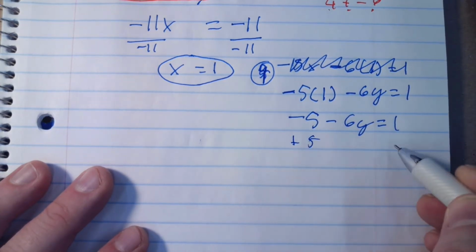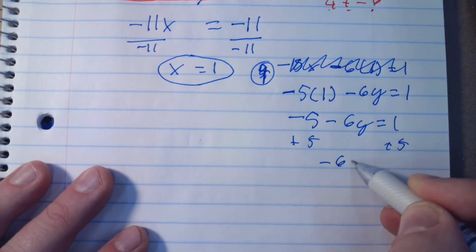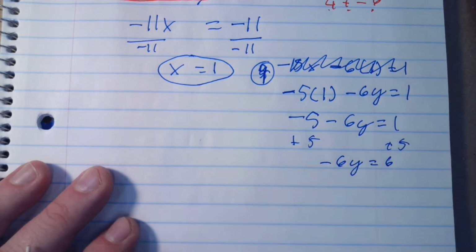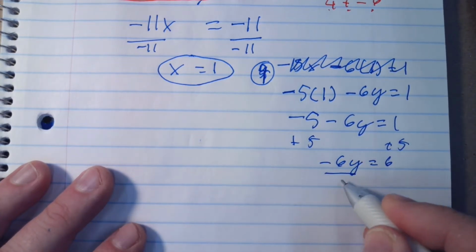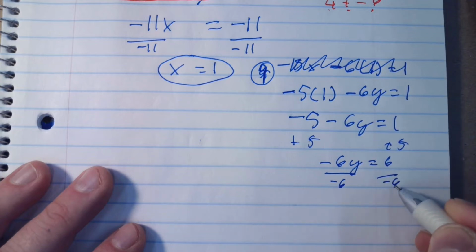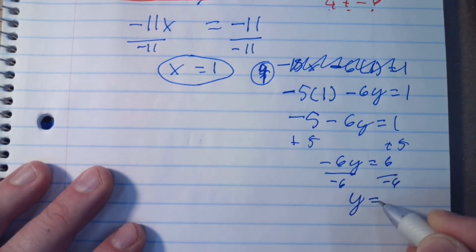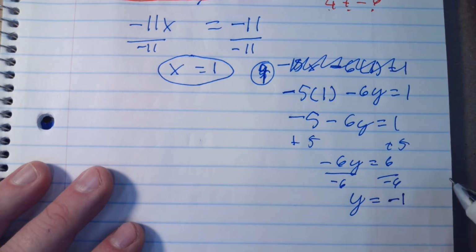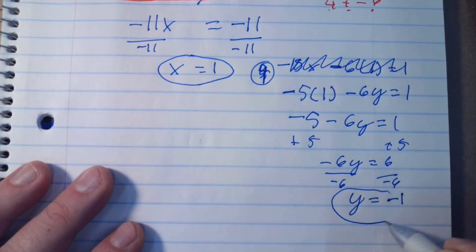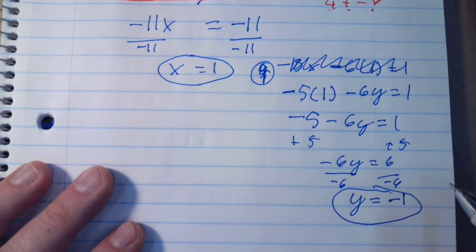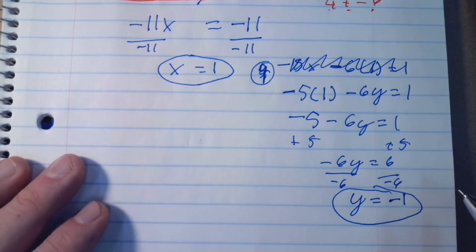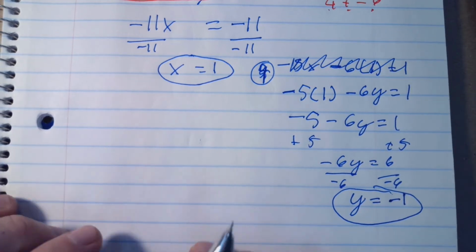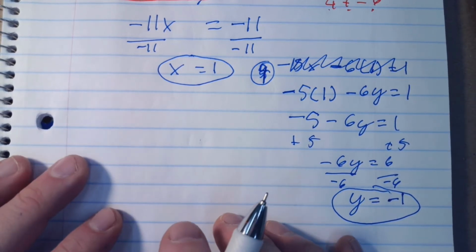Plus 5, negative 6y. Is that it? Okay, that's the answer. Okay, let's do one more and then I'll let you do the remainder of your assignment.